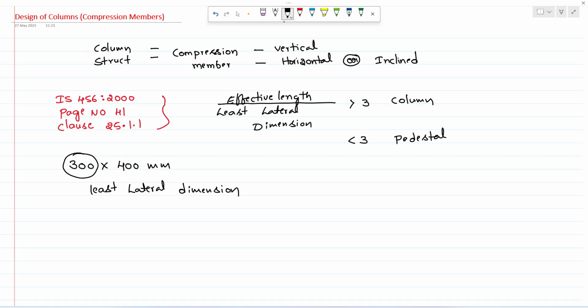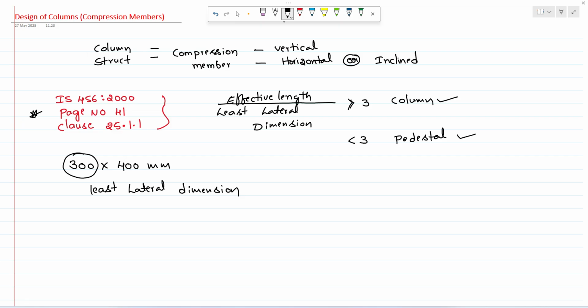So effective length to least lateral dimension ratio, if it is greater than 3, then it is column. If this ratio is less than 3, then it will be a pedestal. So according to this code clause IS 456-2000, clause number 25.1.1.